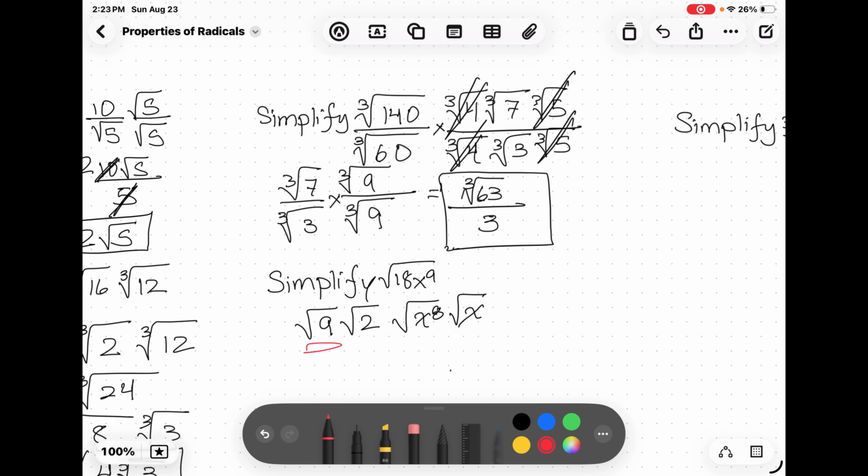I've got the square root of 9, which is 3. So we've checked that off. I've got the square root of x to the 8th, which is x to the 4th. So that took care of that. And then I've just got these other two here, the 2 and the x. So there, simplified.